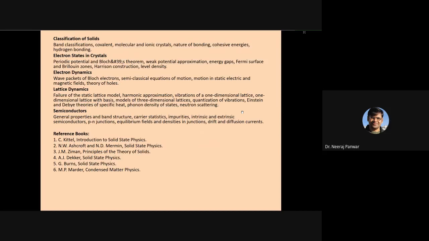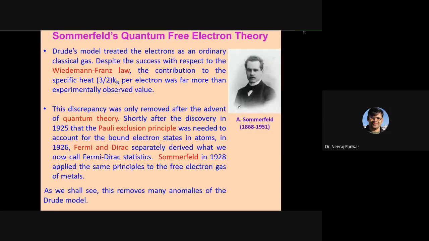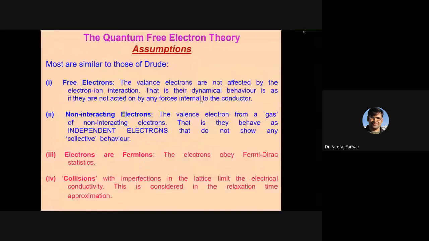So, in the previous class, we were discussing the quantum free electron theory proposed by Sommerfeld. The main assumptions of this theory were more or less similar to those proposed by Drude, and these are as follows. The electrons traveling inside the metal are considered free electrons.